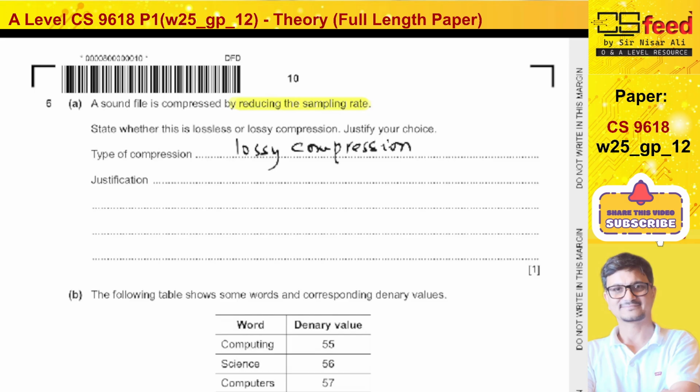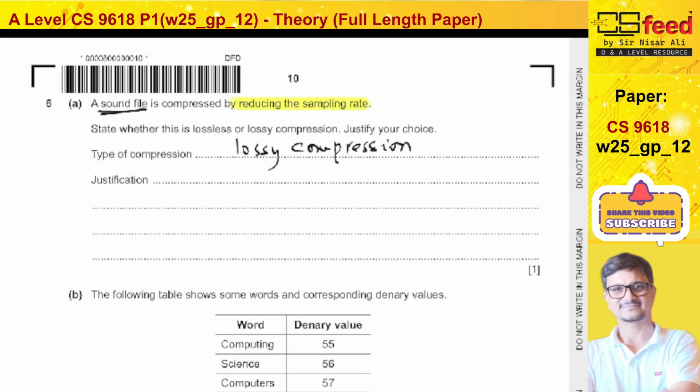So when we say lossy compression, what is the justification? For the lossy, it is actually sound file sampling rate.